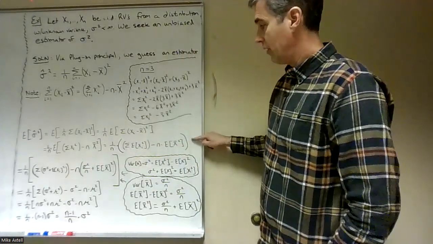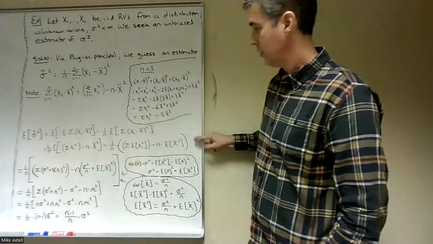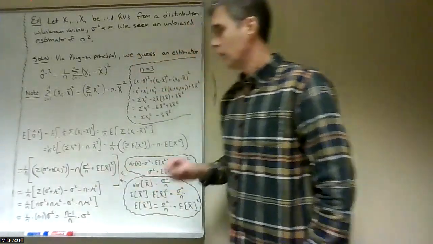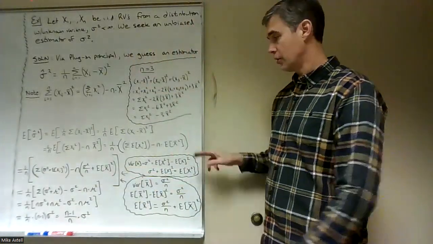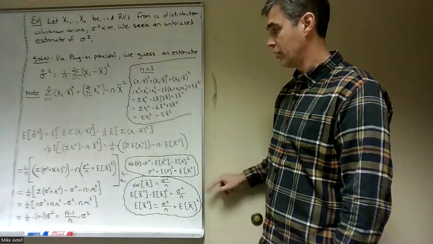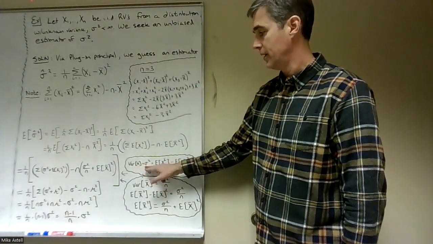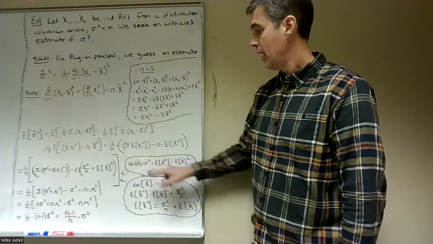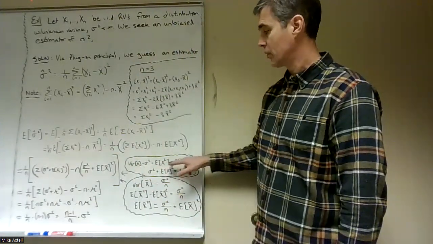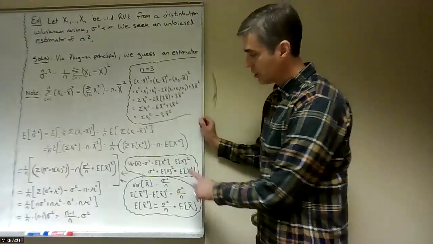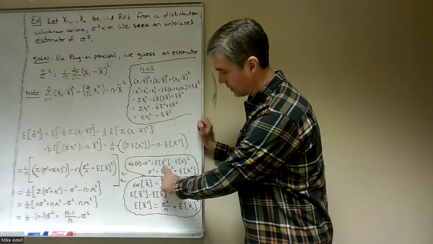All right, now this next step from here to here requires some probability. So that's what I'm portraying down here. By definition, the variance of x is sigma squared. And by definition, it's E of x squared minus E of x quantity squared. So I can solve this for E of x squared.